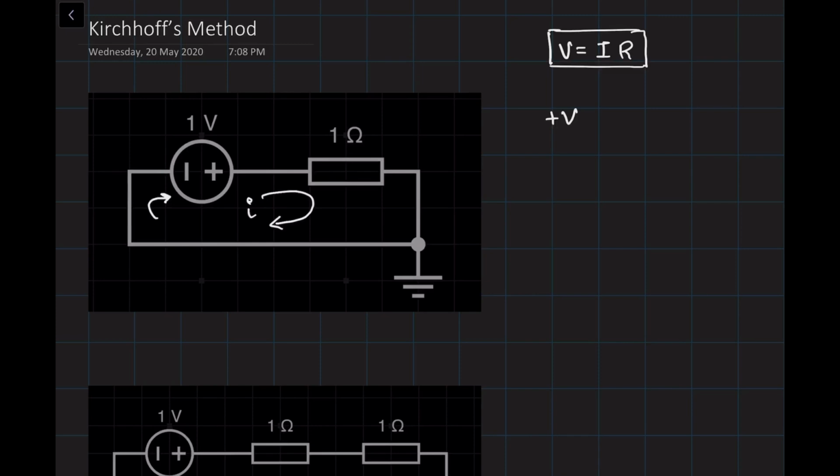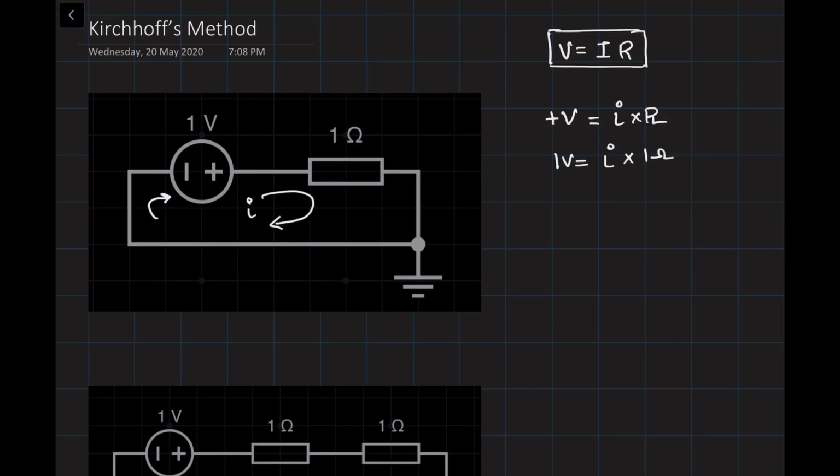If nothing else is there, then put an equal sign. Then since we are taking the current I, and there is only one resistance in this particular circuit, multiply with R. So according to the given problem, it is plus 1 volt equal to current into resistance, which is 1 ohm.